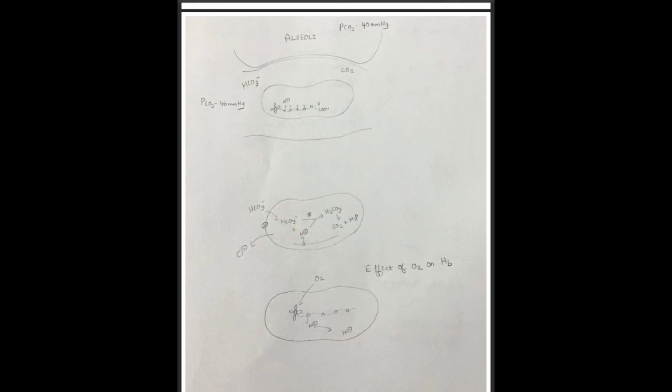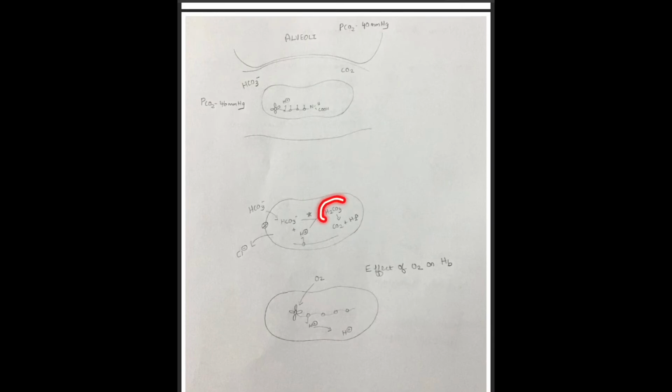combines with the hydrogen ion attached in the hook of the hemoglobin to form carbonic acid with the help of carbonic anhydrase enzyme.